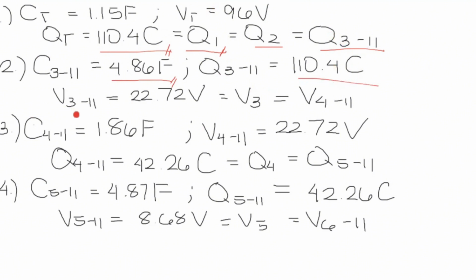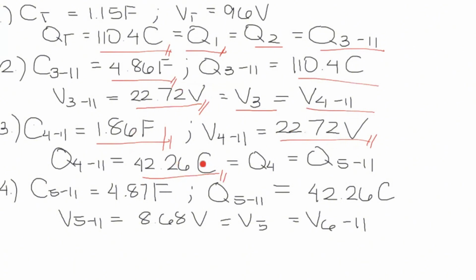So in order to find voltage, it's 110.4 divided by 4.86, and the answer is 22.72 volts. And this voltage is equal to V3 and is also equal to V4 to 11 because in a parallel, our voltages are equal. So moving on to C4 to 11, which the capacitance is 1.86 farad, and our voltage from the previous is 22.72 volts. Therefore, our charge is 42.26 coulombs.